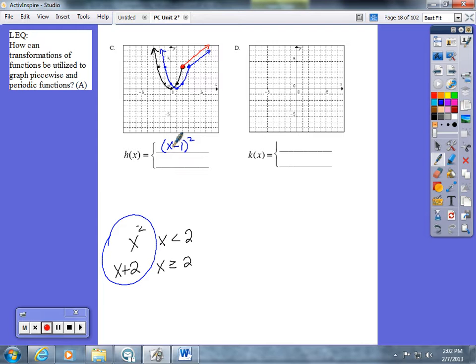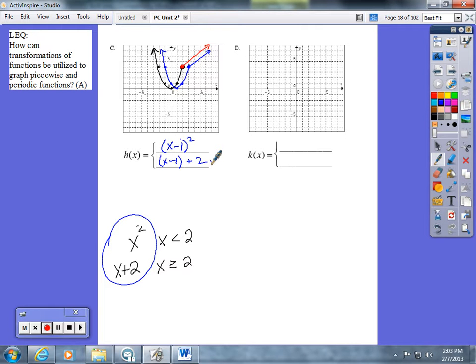What about the linear piece? What will that look like without simplifying it? What would it look like? Kirsten? Correct. Quantity x minus 1 and then plus 2. Now again, you could simplify that if you wanted to just x plus 1, but it's easier to see the shift if you don't simplify it for now.